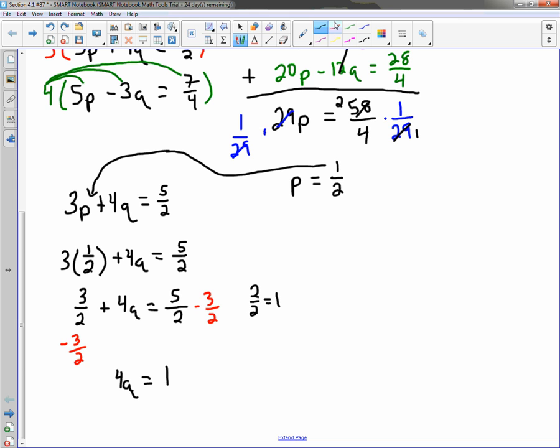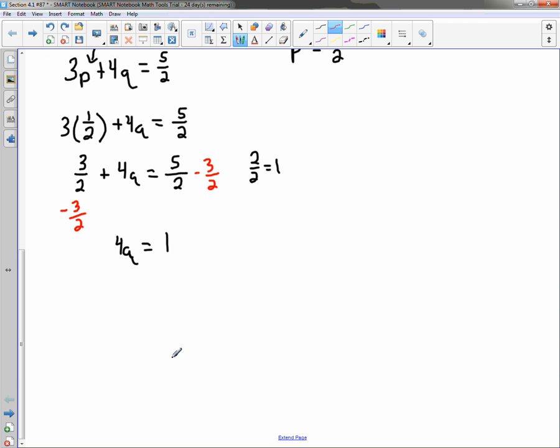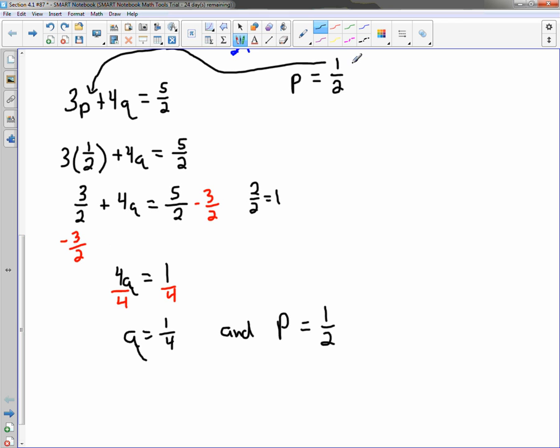Divide by 4. And we get q equals 1/4. So we have q equals 1/4 and p equals 1/2, if I remember correctly. Yes. So p equals 1/2, q equals 1/4.